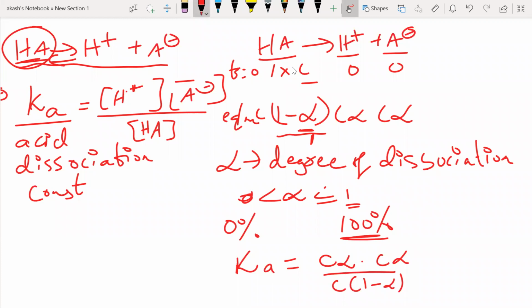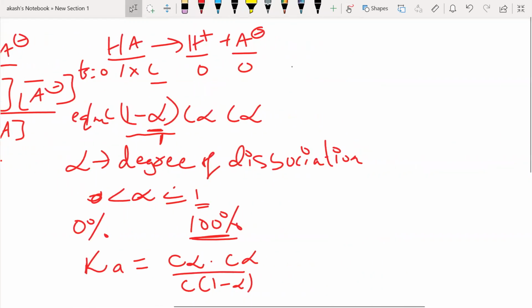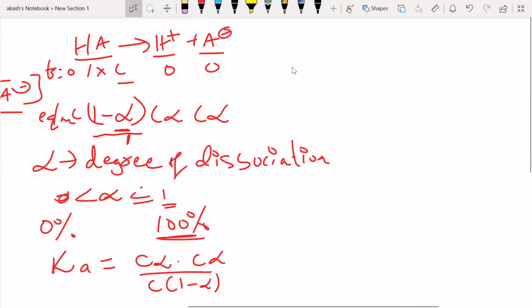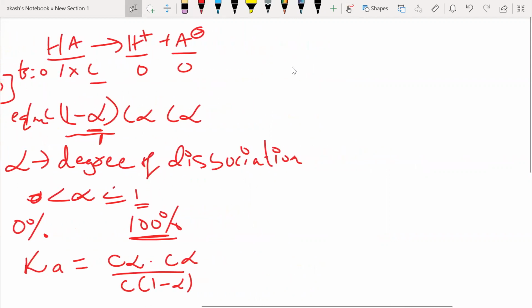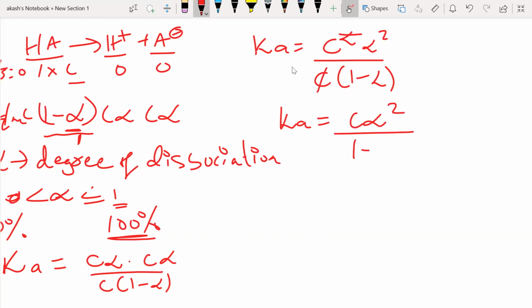Moving on, I can write Ka as C squared alpha squared divided by C into 1 minus alpha. So I can cancel C, and the final equation is C alpha squared divided by 1 minus alpha.